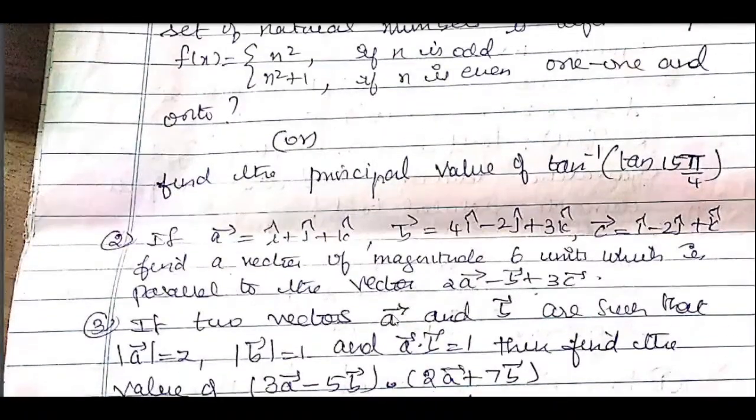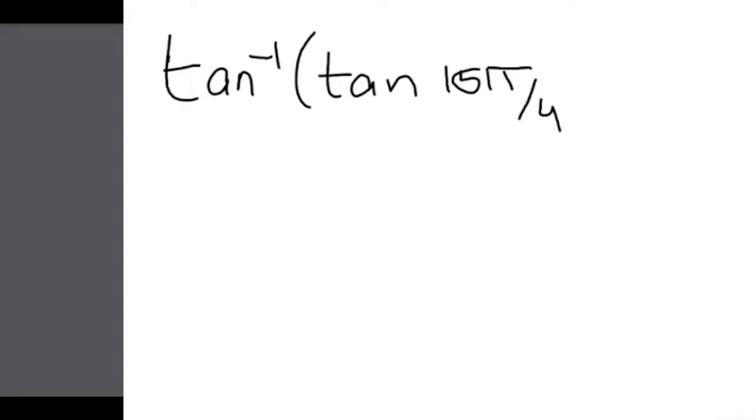Find the principal value of tan inverse of tan 15 pi by 4. So tan inverse of tan 15 pi by 4. So how can we write tan 15 pi by 4?